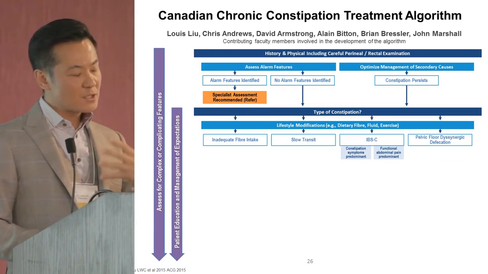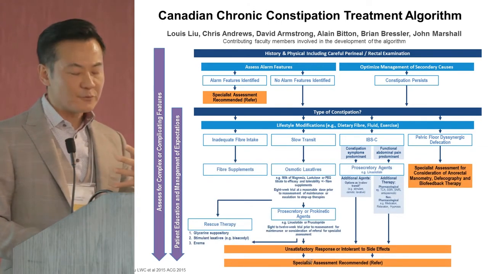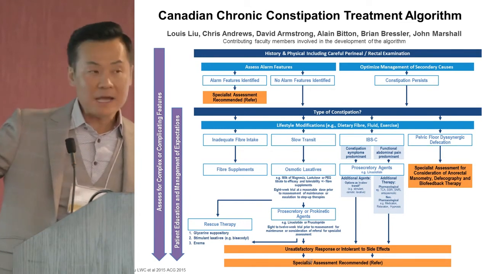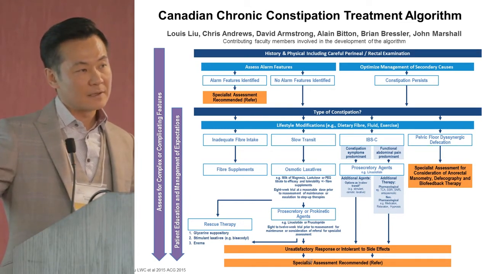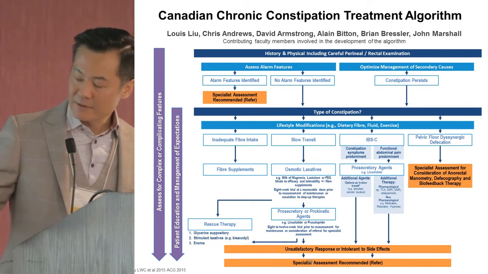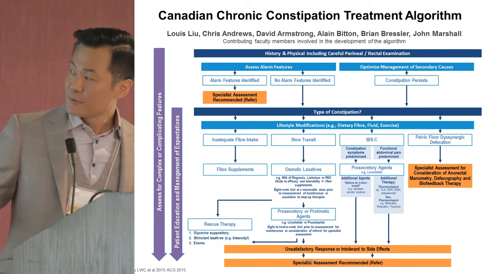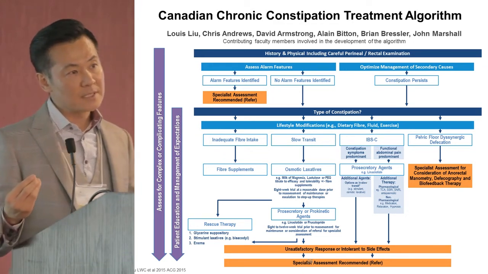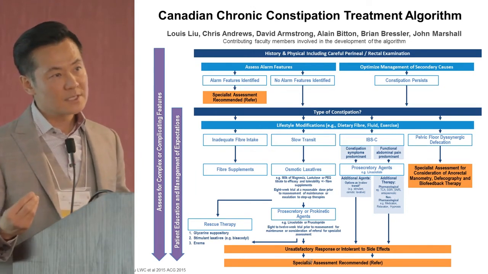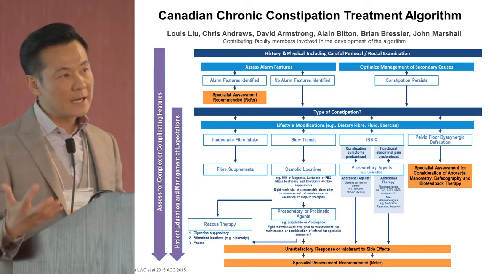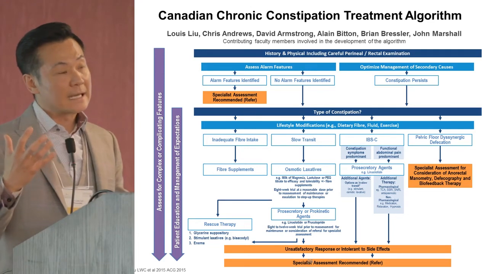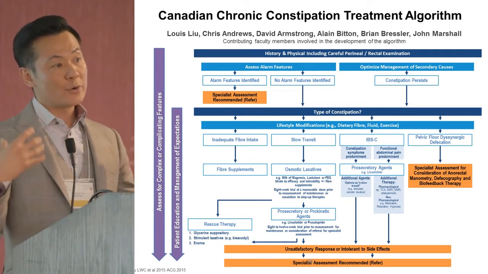In this particular management algorithm, it's no different from what we talked about: if you don't have enough fiber, again, lifestyle and diet modification is important. So the first strategy will be fiber supplementation. The general fiber supplementation is soluble fiber that would help to give you the bulk. Again, we don't create stool.